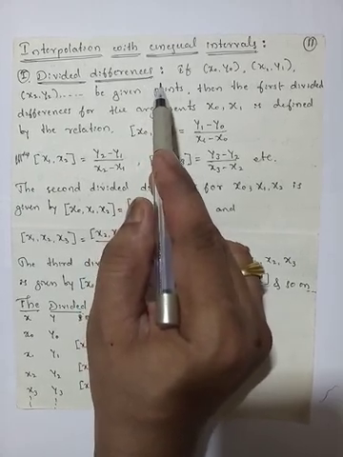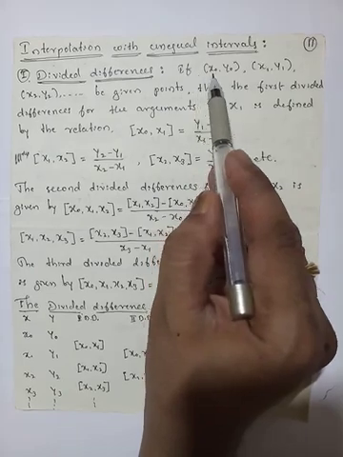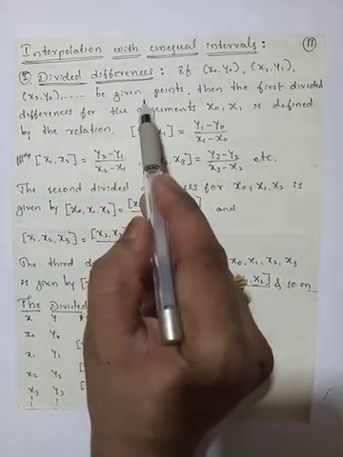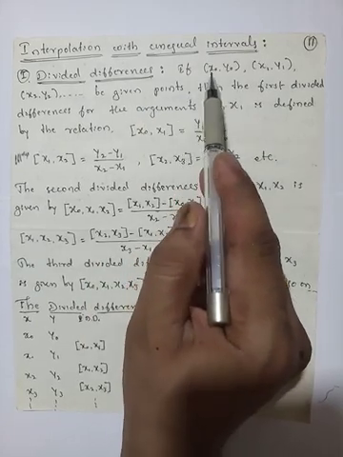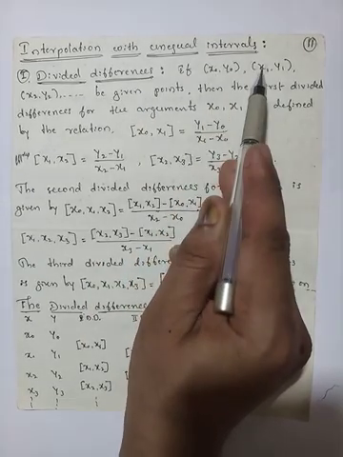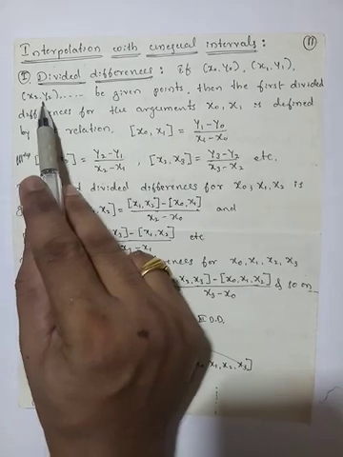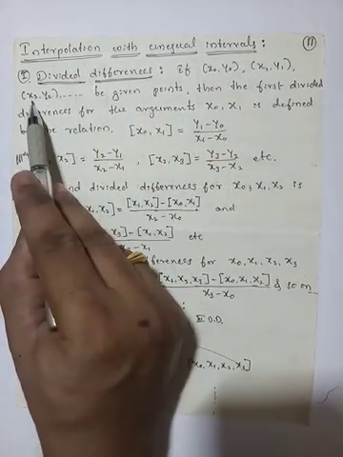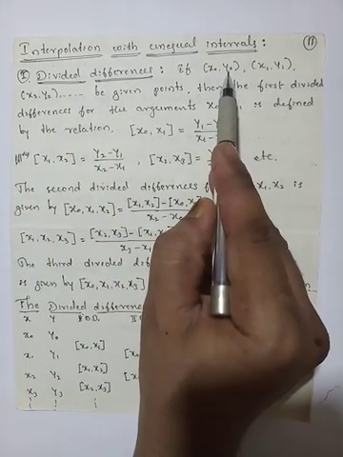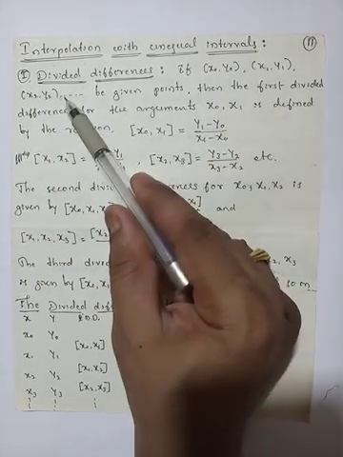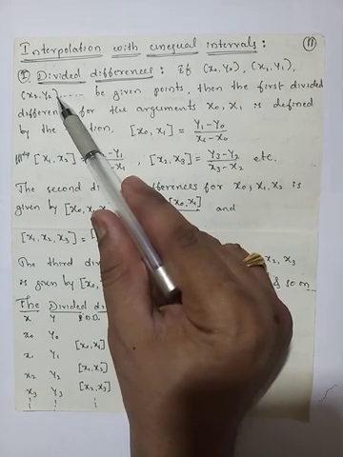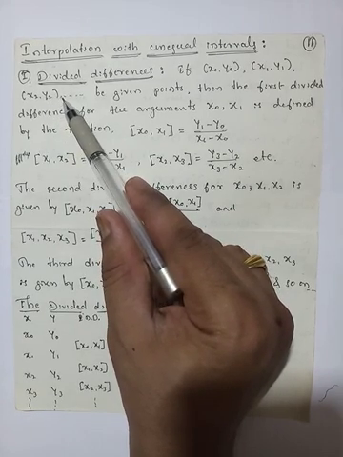Suppose x naught, y naught, x1, y1, x2, y2 are the given points, meaning x naught, x1, x2, x3 and so on are the values of x, and y naught, y1, y2, y3 and so on are the values of y.